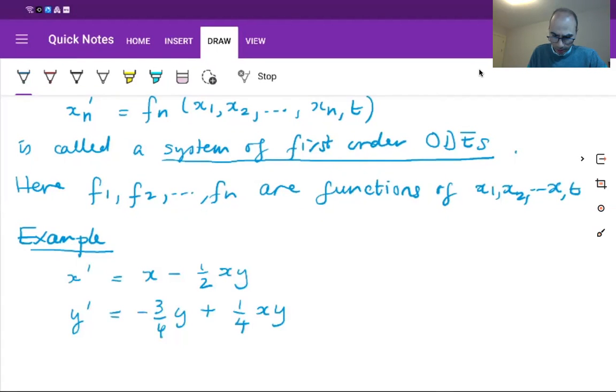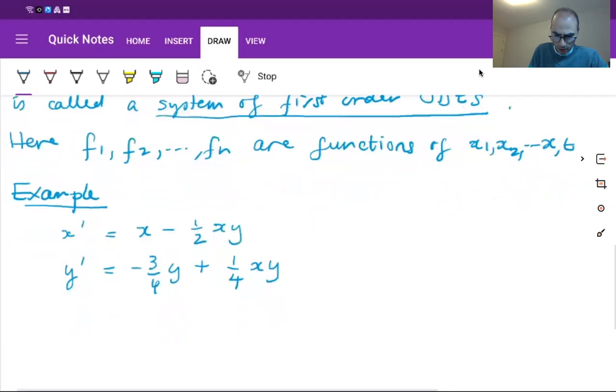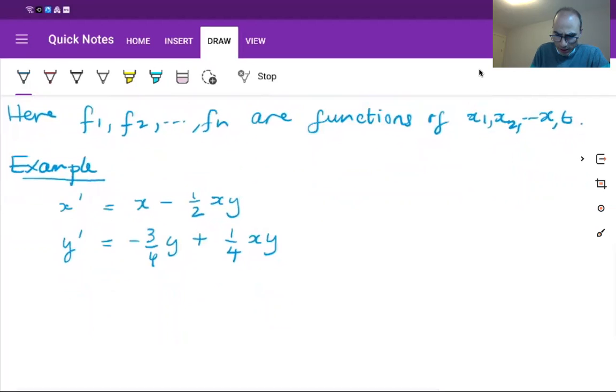So here's a system of 2 differential equations, and we have 2 dependent variables, x and y. Notice that t does not appear on the right-hand side.